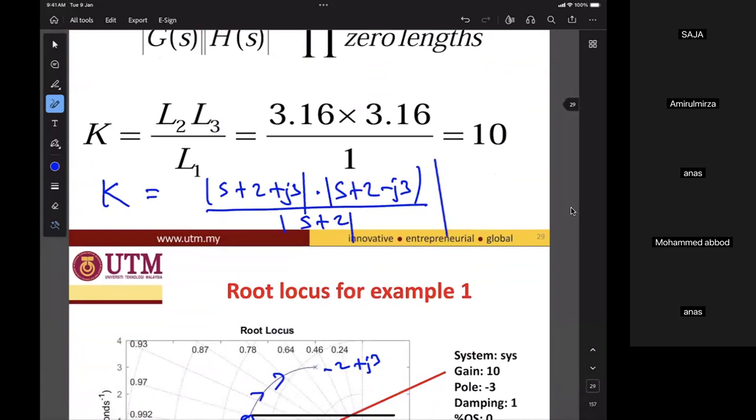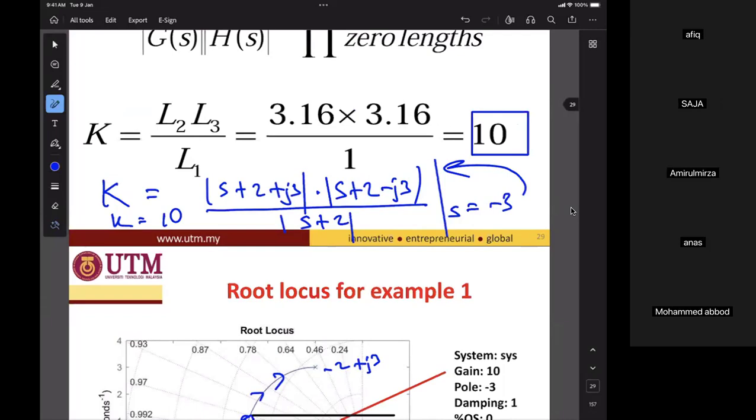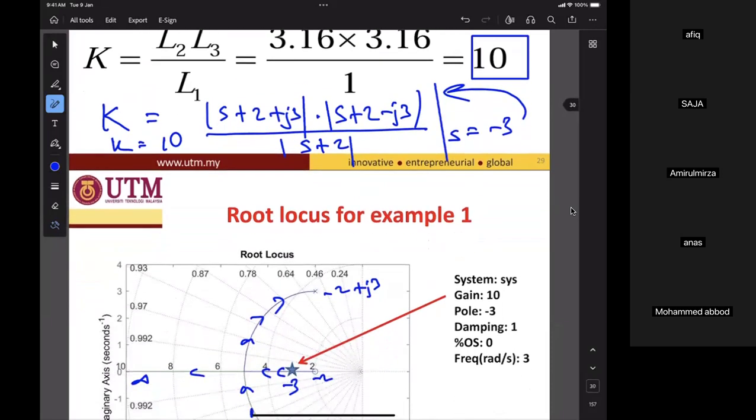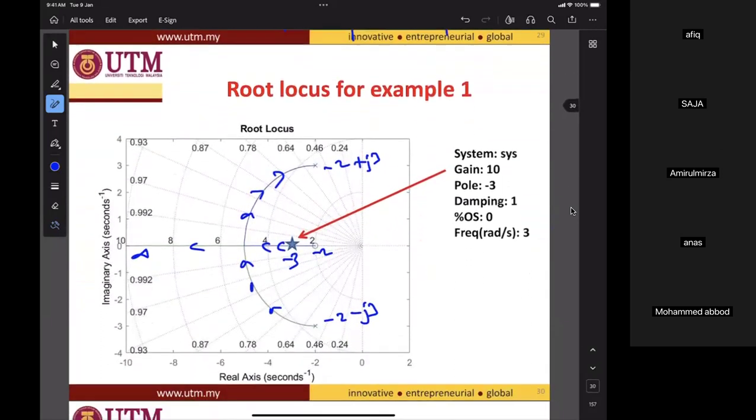Then you insert s with minus 3. You insert inside this, and inshallah, you will get the answer K equal to 10, which is equal to the trigonometry approach. So which one you want to use, the length or the magnitude, is up to you. You have the freedom to choose the method that suits you.